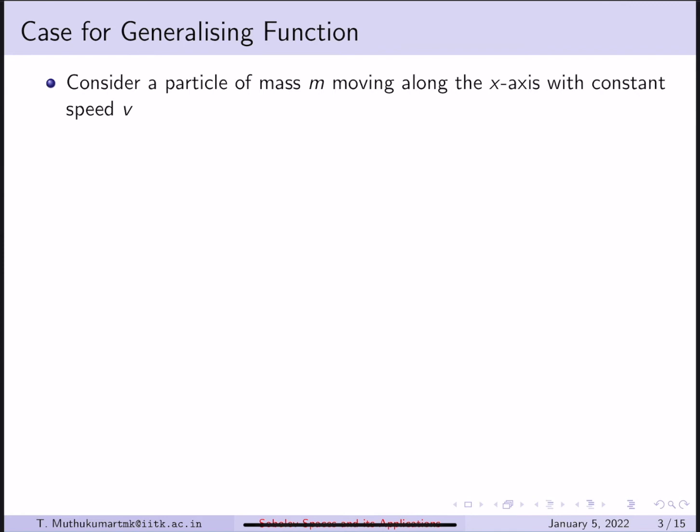But just to give a simple case, let's consider this example. Consider a particle of mass m. Let's say this is the x-axis, so it's moving along the x-axis. There is some particle, and let's say it's moving in this direction with velocity v, speed v.